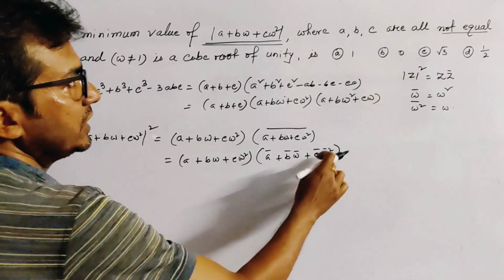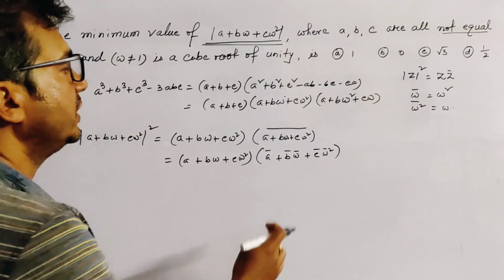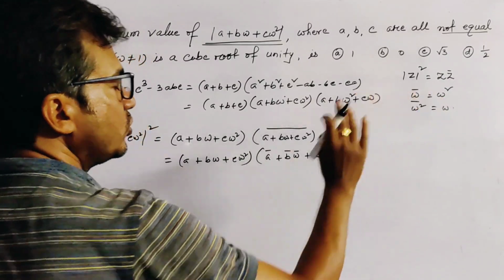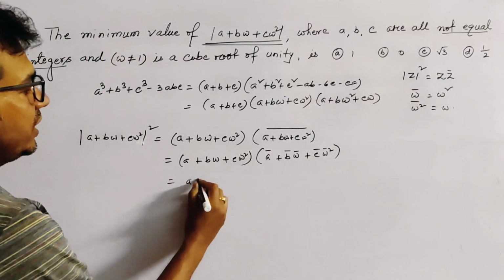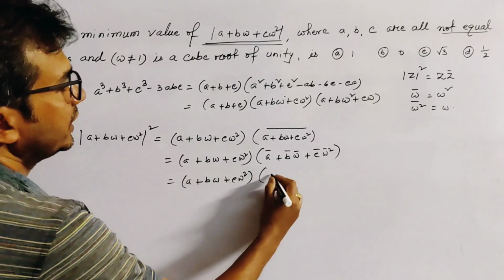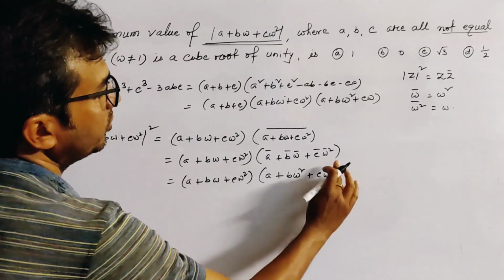Since a, b, c are integers, obviously they are real numbers, and we know that omega bar equals omega square, and omega square bar is omega. So we get (a plus b omega plus c omega square) into (a plus b omega square plus c omega).